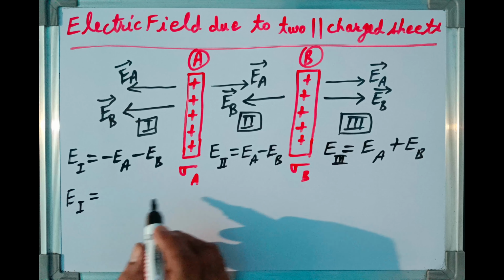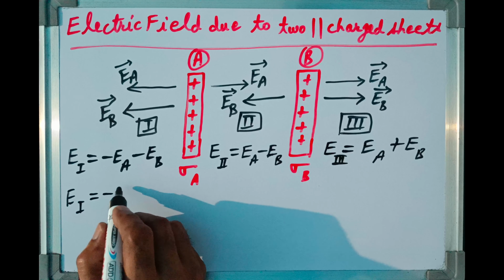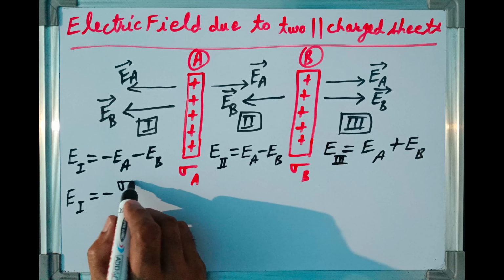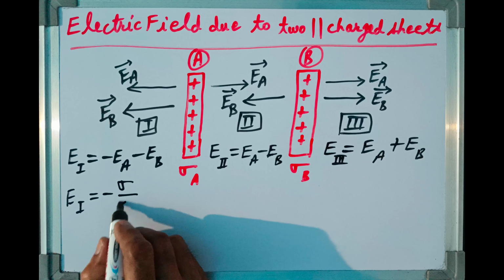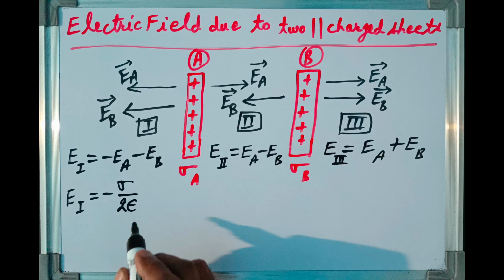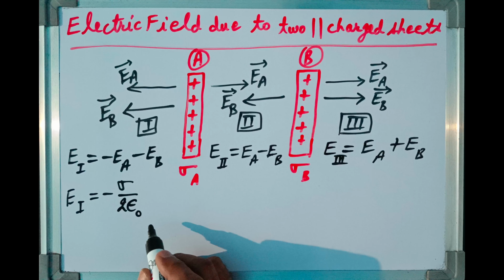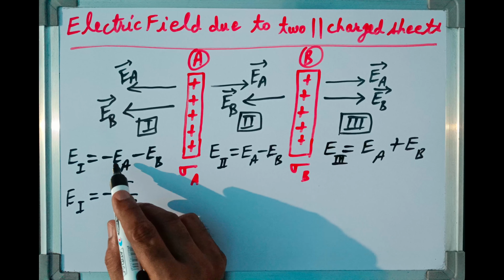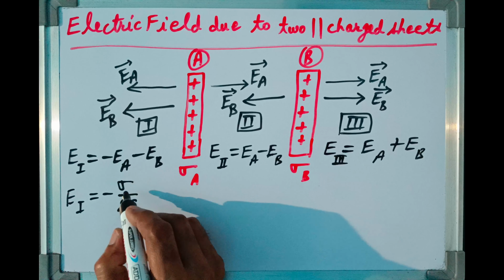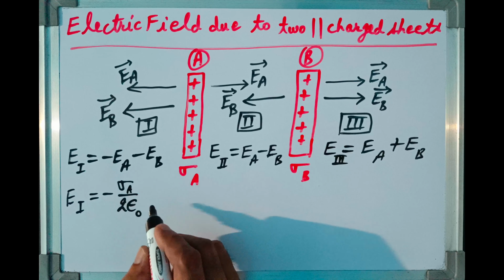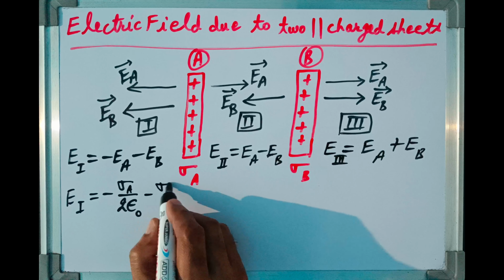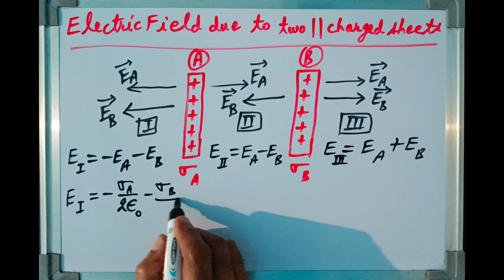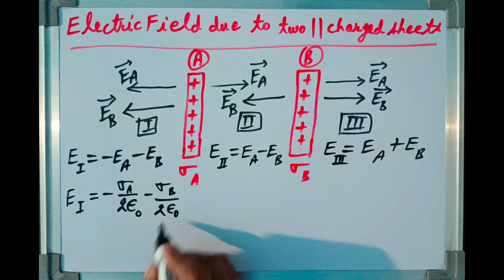Now electric field due to single sheet is given as surface charge density divided by 2 times epsilon naught, permittivity of free space. Now I have to write expression for electric field due to sheet A, so I will write here sigma A. Similarly, minus sigma B divided by 2 epsilon naught.